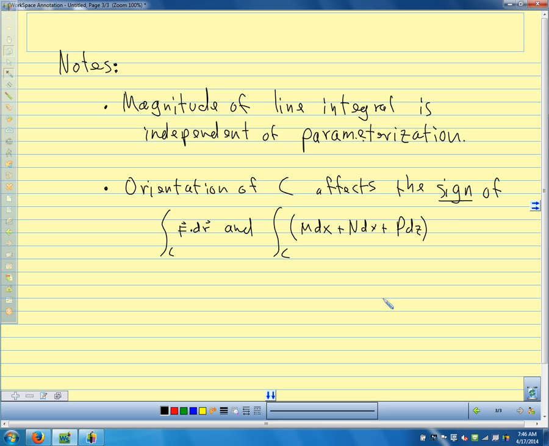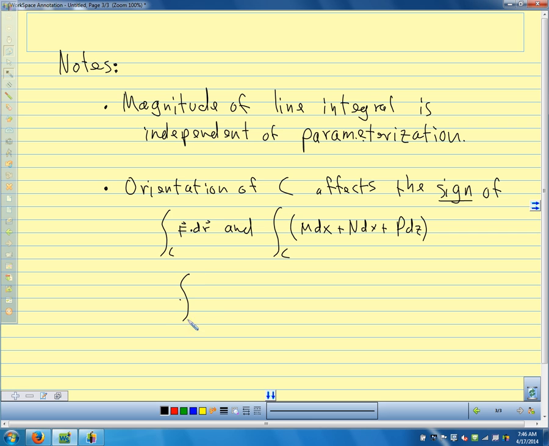So the opposite orientation changes the sign of the line integral, because if we're going in the opposite direction, our unit tangent vector points in the opposite direction, and the dot product of our field with the unit tangent vector has an opposite sign. But the orientation does not affect a scalar line integral.